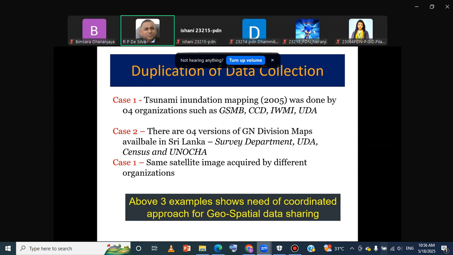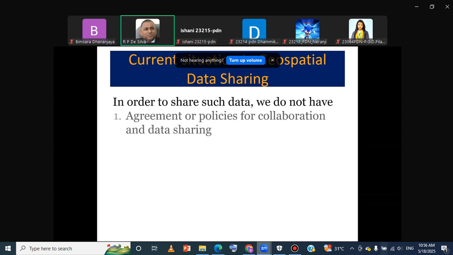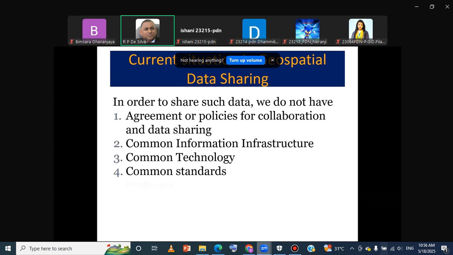So this shows that we need to have a coordinated approach for geospatial data sharing, which can only be achieved through the national spatial data infrastructure. In order to share our data, at present, we don't have agreements or policies for collaboration and sharing.